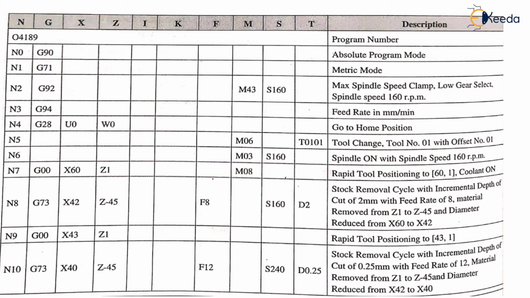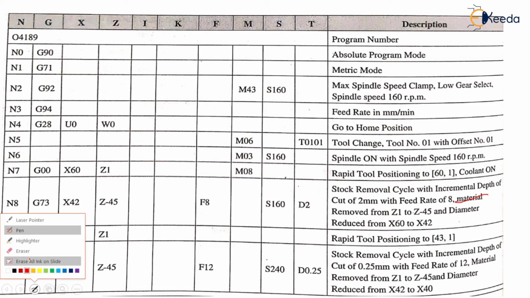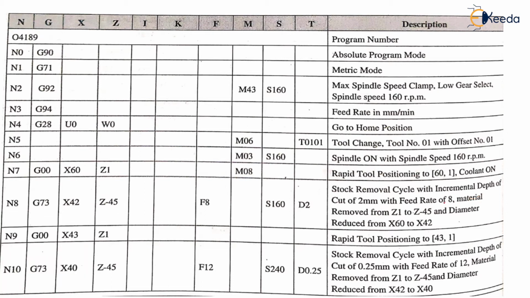So G73 is the stock removal cycle with an incremental depth of 2 mm, with a feed rate of 8, and material removed from Z1 to Z minus 55 and diameter reduced from X60 to X40. Here you observe up to Z minus 45, the feed rate, spindle speed and depth of cut are mentioned.